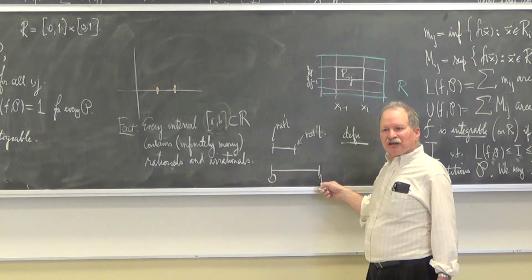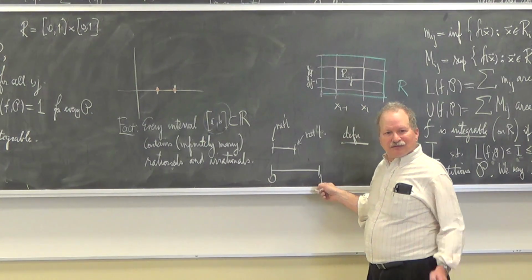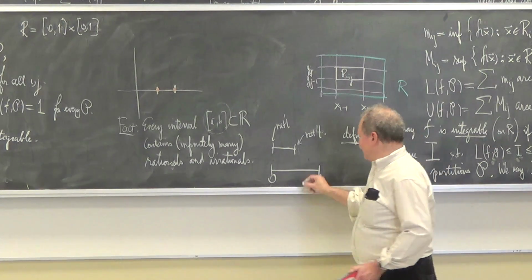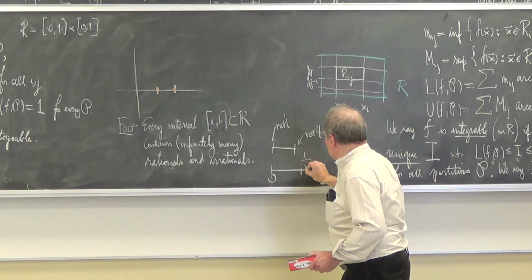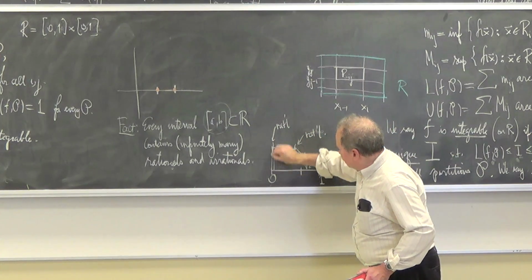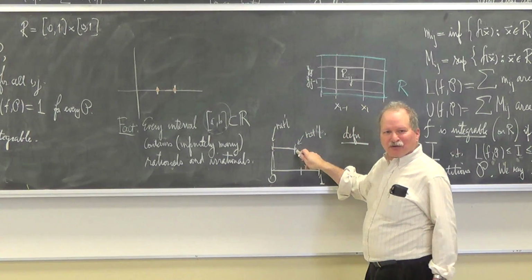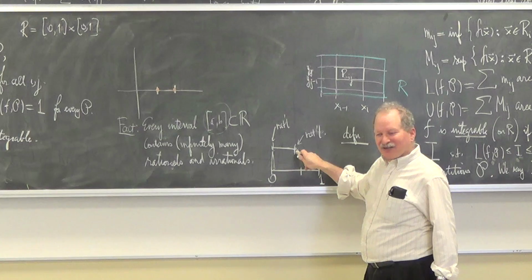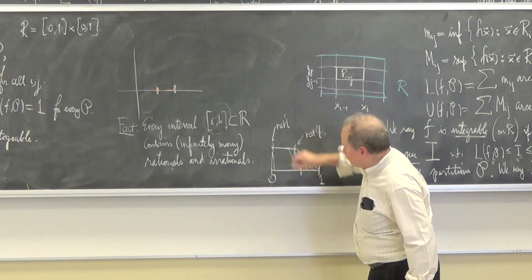Is there an irrational? Square root 2 over 2. So in there is 1 over square root of 2. And if you rescale this interval to that interval of rationals, if you write down the arithmetic for that, where this guy goes is going to have to be an irrational.